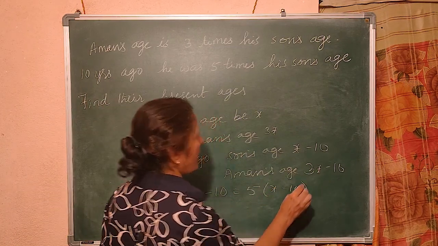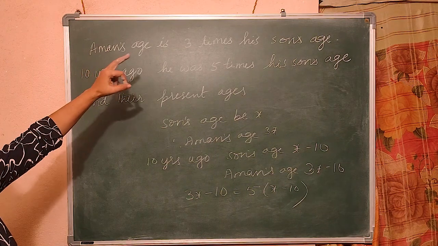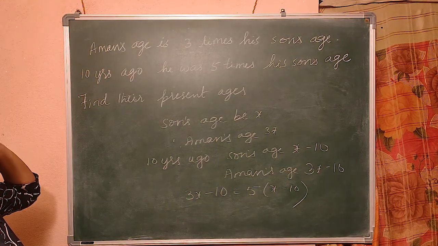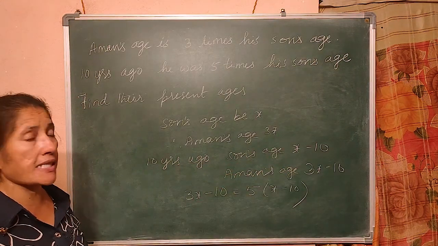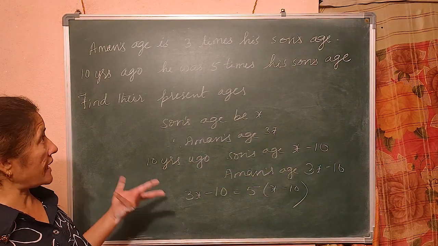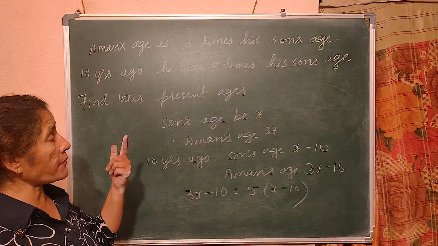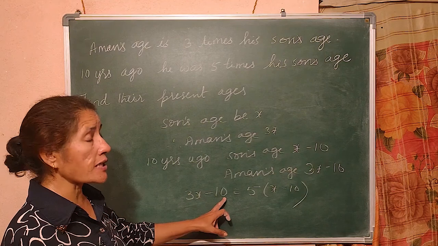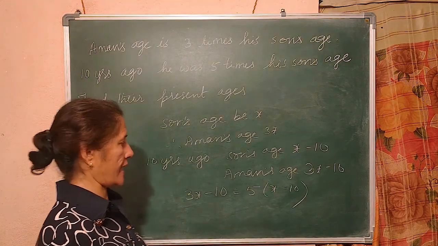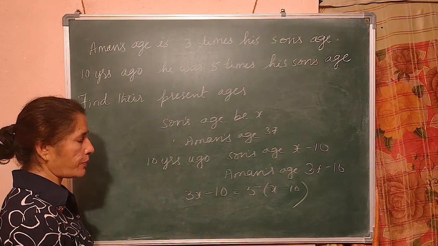So, let me say again, Aman's age is 3 times his son's age. 10 years ago, son's age is x minus 10 and Aman's age is 3x minus 10. But it is 5 times his son's age. Shall we solve this problem?